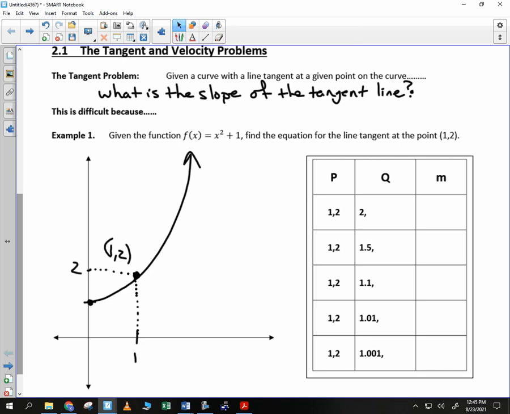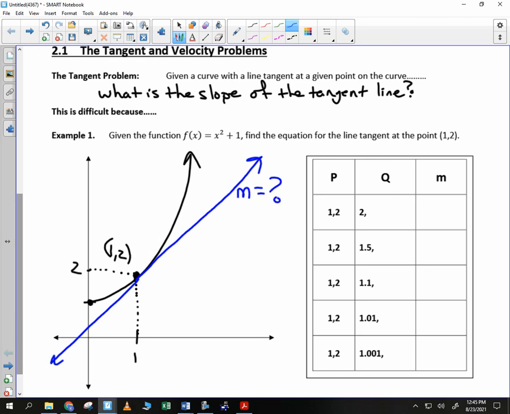So what we're wondering is if we were to draw a tangent line, meaning that the line crosses at just one spot, namely at that point, the question is, what is the slope of that line? What the heck is the slope for the line? That's a really good question, isn't it?